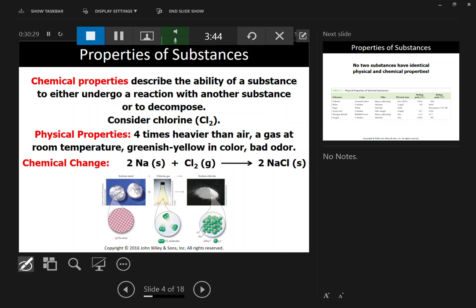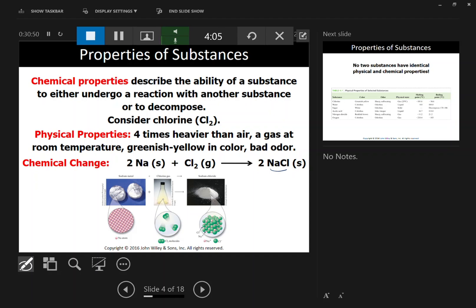Now, when sodium and chlorine react with each other, they form sodium chloride. Sodium chloride is completely different from chlorine and sodium. The physical and chemical properties of sodium chloride are completely different from sodium and chlorine. Sodium chloride is a white powder.